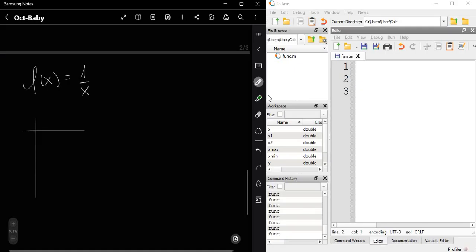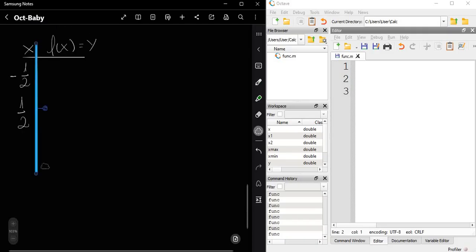So we pass the most points that we can, to represent this function very well. So x and f of x, which is equal to y. So 1 over 2, minus 1 over 2, 1 over 2.